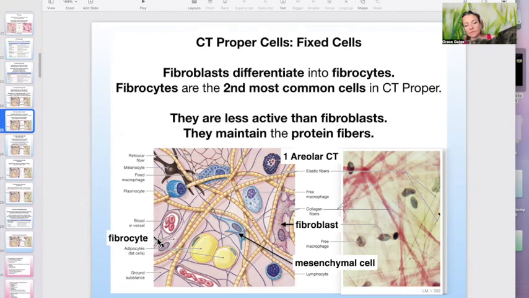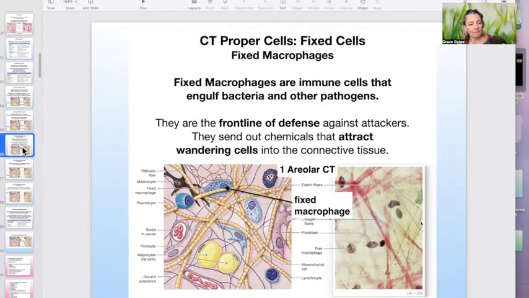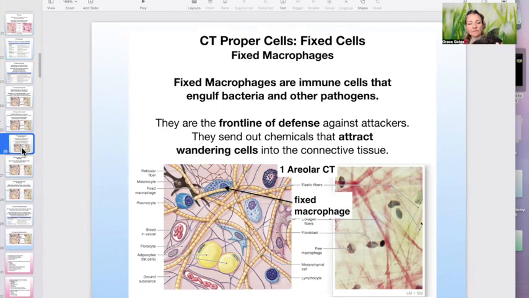So you can kind of color code them apart in the diagram, but in the real slide, they look similar. Okay, so those are three of the fixed cells.